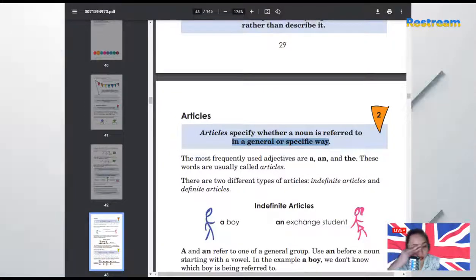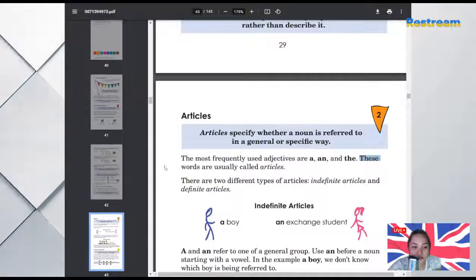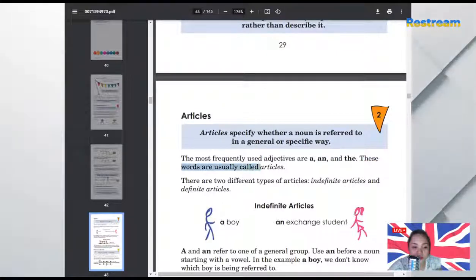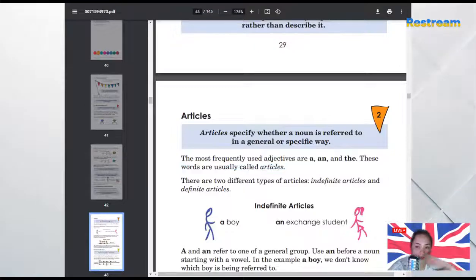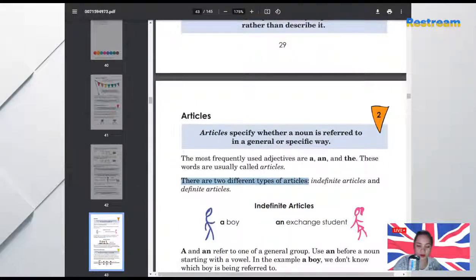So let's go back again to the articles: a, an, and the. The most frequently used adjectives are a, an, and the. These words are usually called articles. There are two different types of articles.